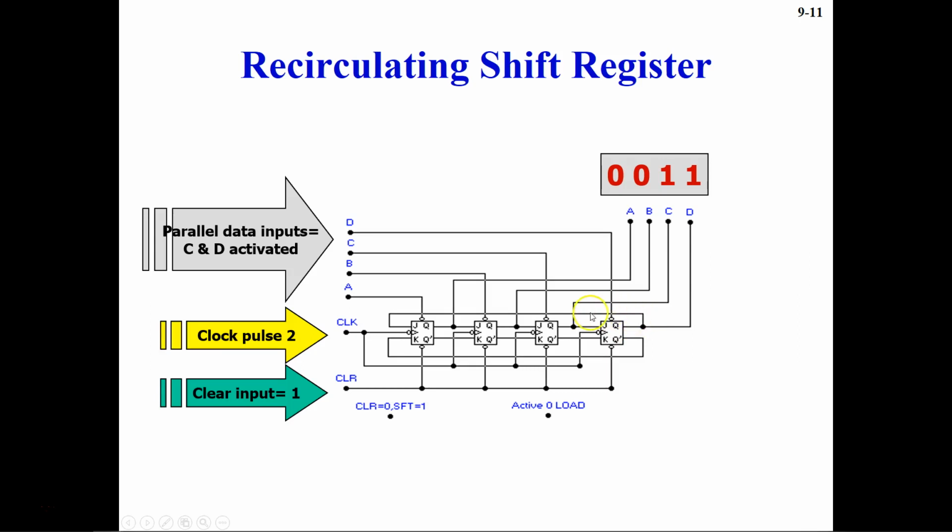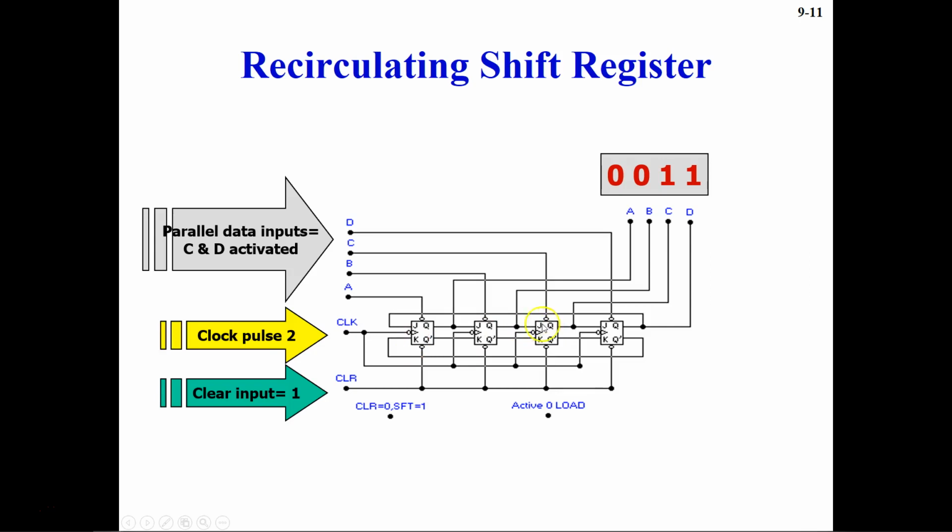This one will go to this A flip-flop, into this J input. So this J will be equal to 1, and then this 0 which is coming out from this Q bar will go into this K input. Which means your J is equal to 1 and K is equal to 0 for this particular flip-flop.